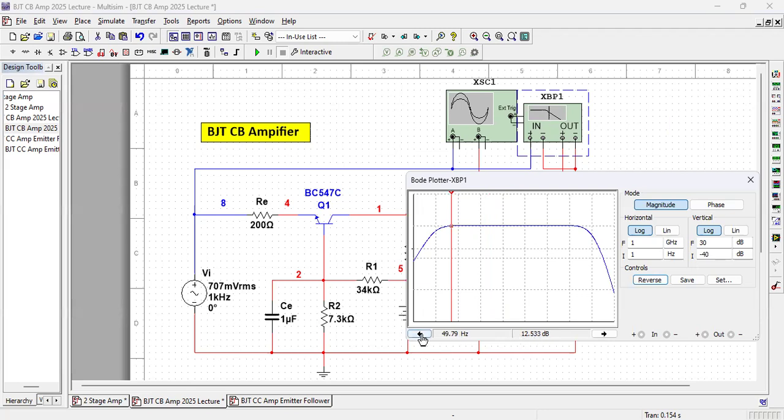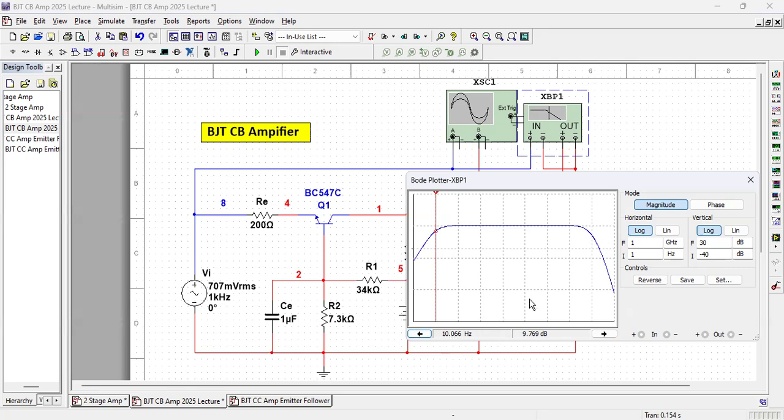I am trying to make it 9.8. 9.99 is 10 hertz and 9.7 is 10 hertz, so it will be something in between.